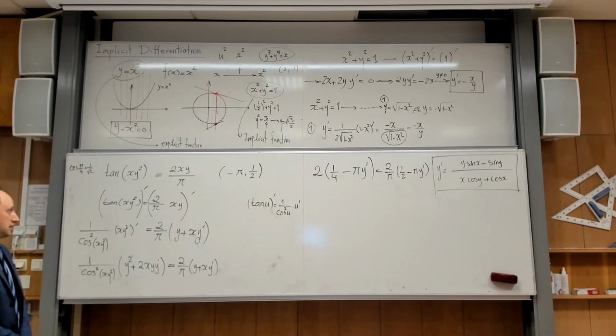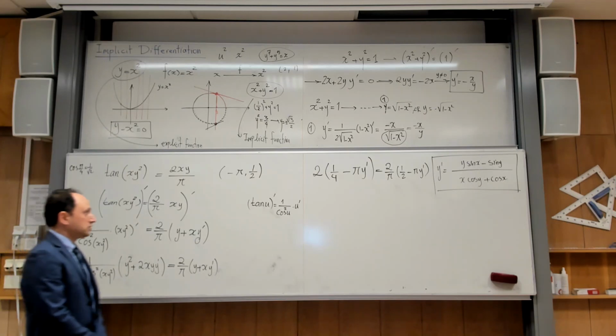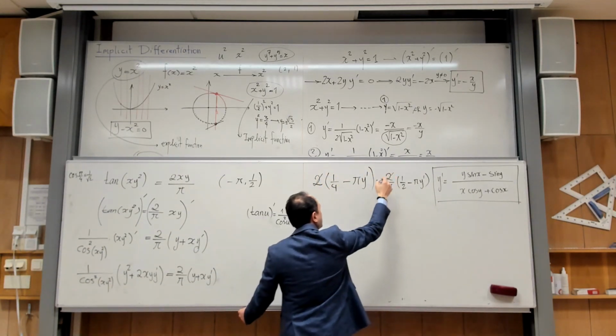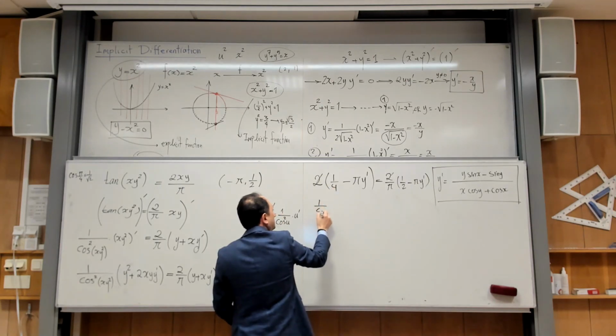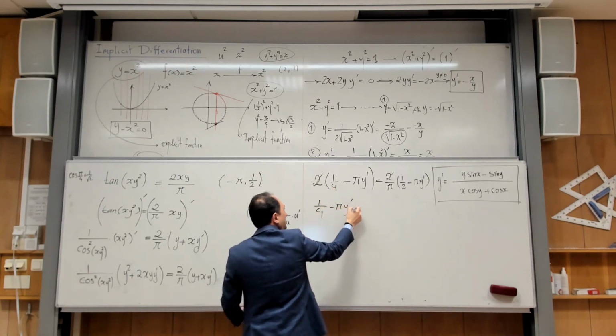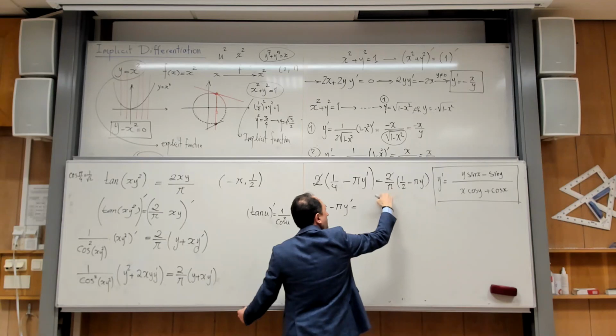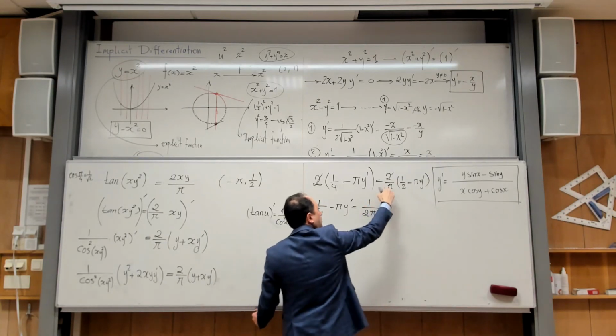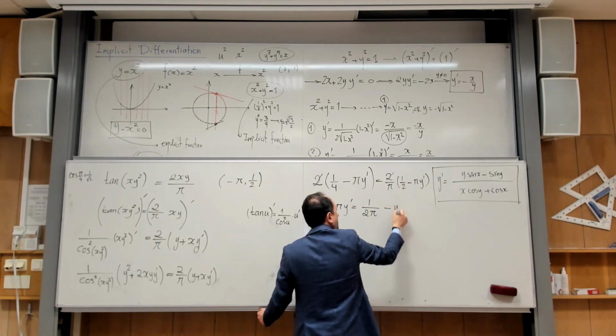But let us check that I have done everything right. Yes. Okay, so what can I do? I multiply, first of all I can simplify this 2 with that 2. This becomes 1 over 4 minus pi y prime. On the right-hand side 1 over pi, I multiply it in, it becomes 1 over 2 pi. 1 over pi multiplied in, it becomes negative y prime.